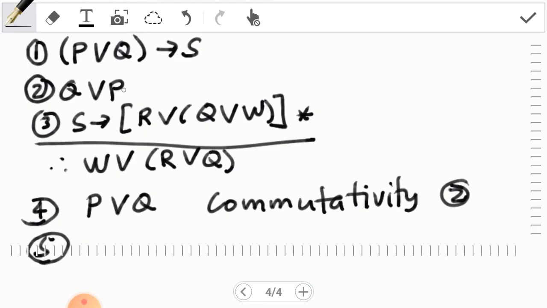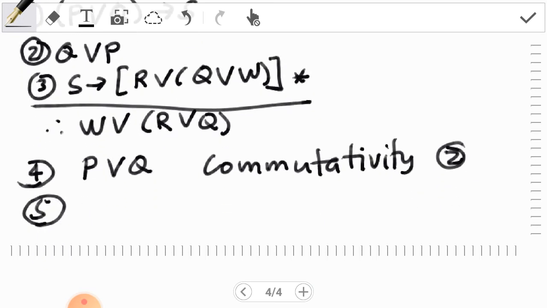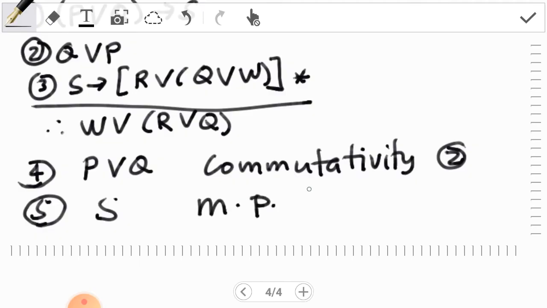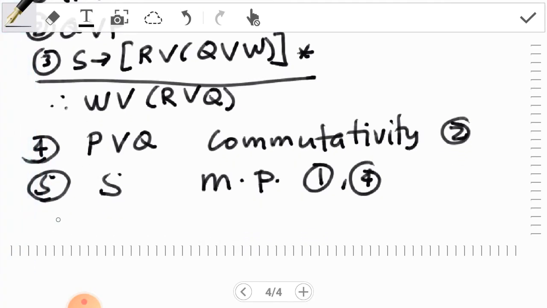So that's an exact representation of your modus ponens. Therefore, this now gives us P or Q implies S. The second premise that we're using is P or Q, therefore we get S. This is modus ponens of 1 and 4. So there you go. That's what we want to come up with.